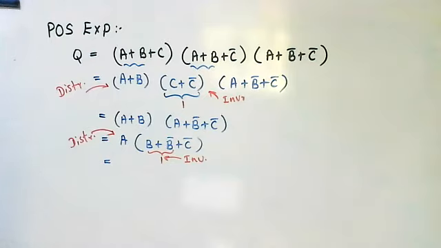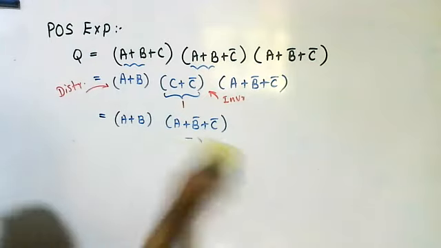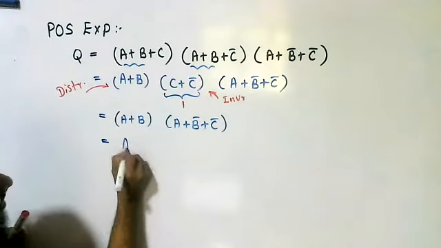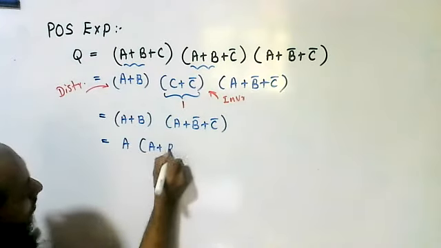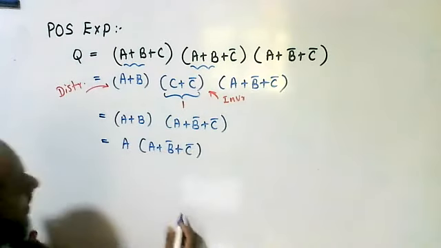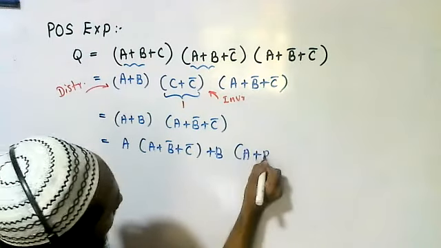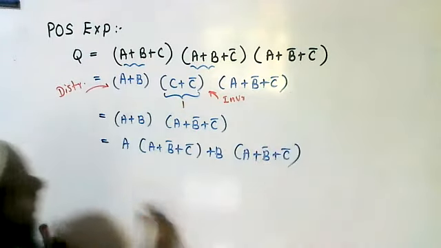No, it's not possible, I think. Just a minute. We'll go for the multiplication, it's better. A into A plus B bar plus C bar, plus B into A plus B bar plus C bar.